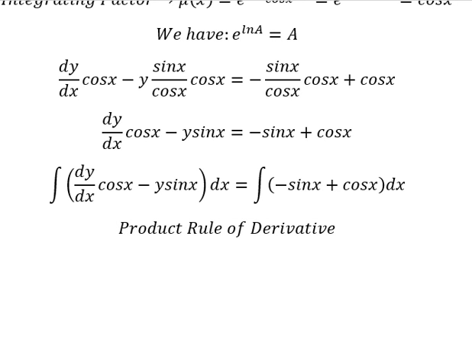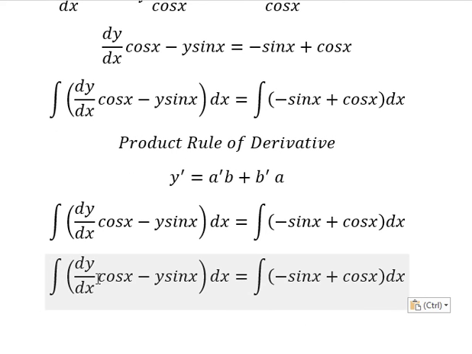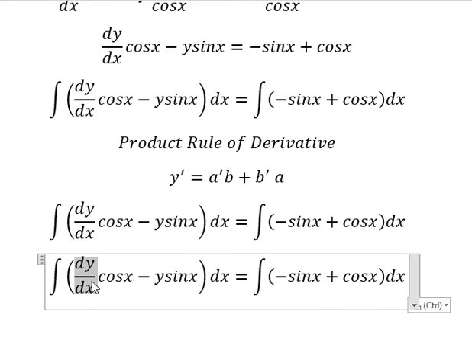So we know that the first derivative of y equals the first derivative of a multiplied by b plus the first derivative of b multiplied by a. So if we look carefully, we have the first derivative of a multiplied by b.